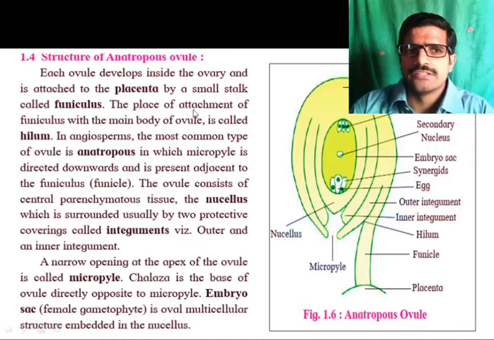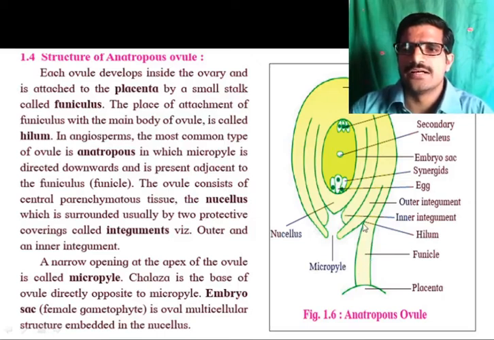The place of attachment of the funicle with the main part of the body is called the hilum. In angiosperms, the most common type of ovule is the anatropous ovule.